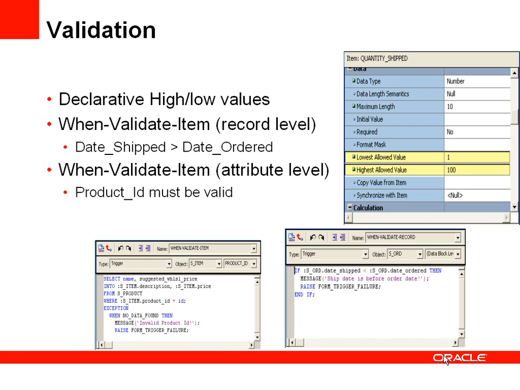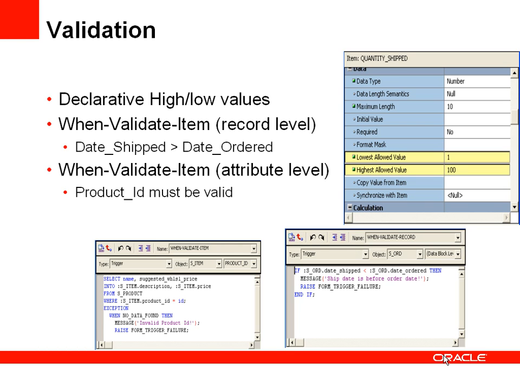So once we had a good cut of the business service or the data model, we then wanted to start implementing validation features that existed in the forms applications. There were two different types of validation we had in the forms. Some of the validation was defined through properties, for example, lowest allowed value and highest allowed value, or we had code written either in when-validate-item triggers at block or item level.